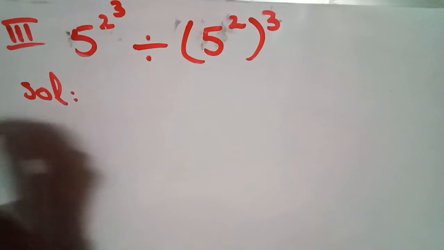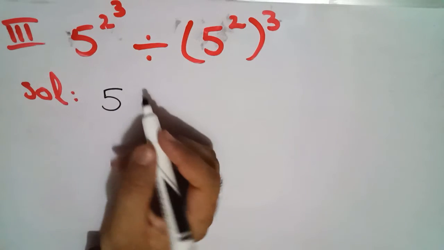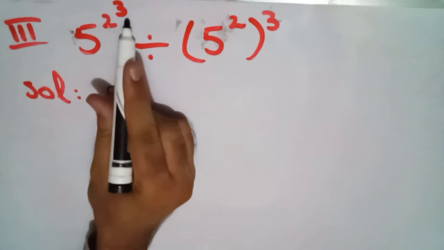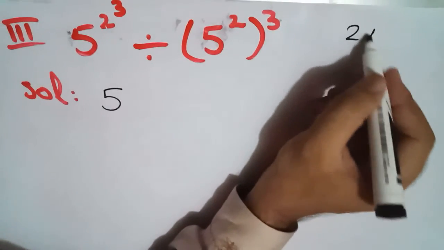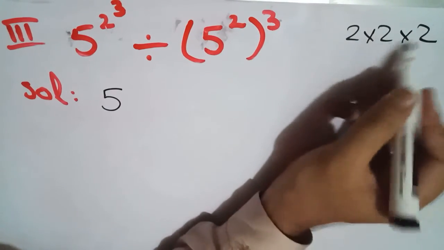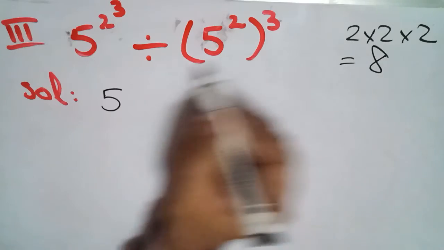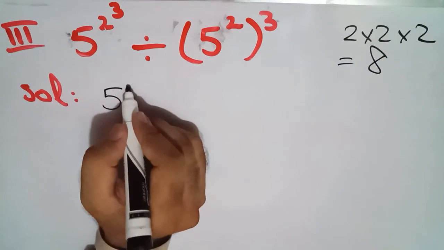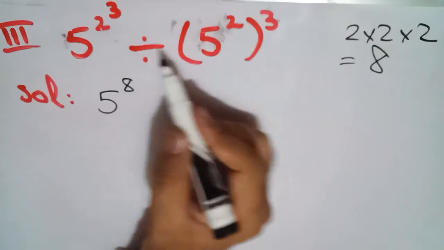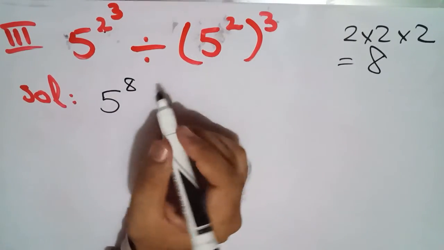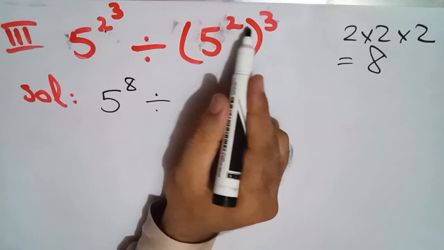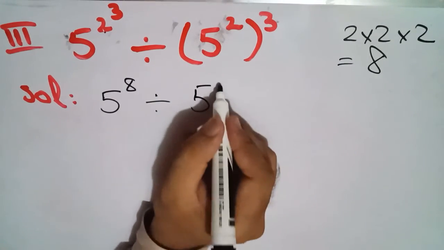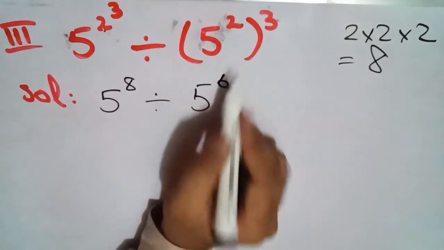So I can write 5 raised to power 2. If I multiply 2 three times, like 2 multiplied by 2 multiplied by 2, it will become 8. Okay, so I am writing here in its place 2 raised to power 3, so 5 raised to power 8, if I multiply 2 three times, divided by 5 raised to power, so it is multiplying with 3, it will become 5 raised to power 6. 3 2s are 6.